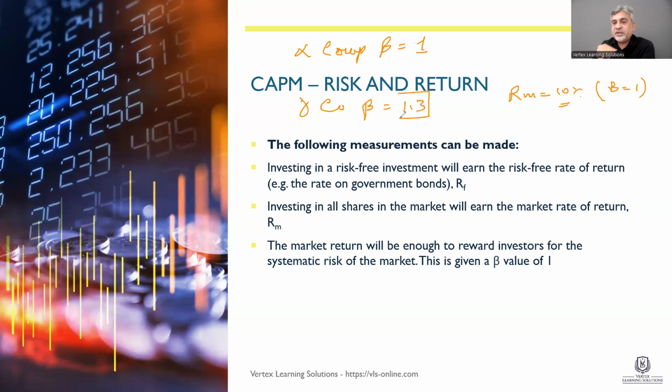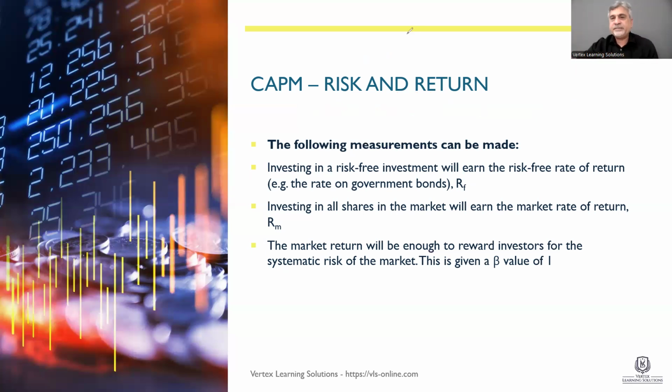So since the beta value is more than 1, which means the risk is more than the average risk, I say I also need return more than the average return, because I'm probably looking at 13% or 14% or whatever. Why? Because I'm taking more risk, and therefore my return will also be more. Okay. So this is the relationship between the risk and the return.